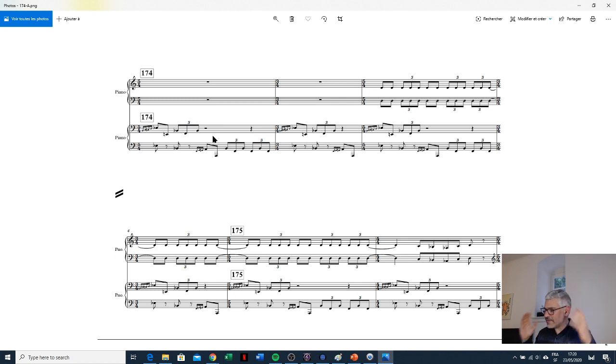So you have the timpanis too, it's like a big percussion orchestra in a way, with the gong, with the tam tam, and some help from tubas and also basses, cellos, and contrabassoon.